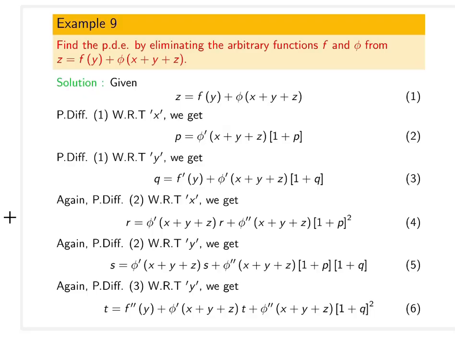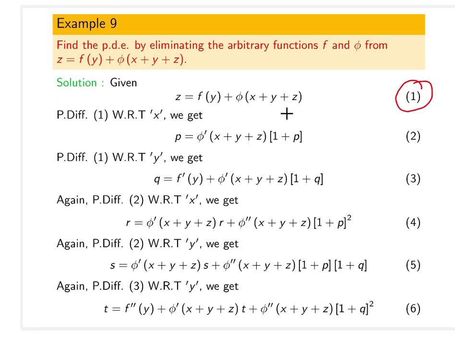With a single function we can find only p and q, or use the form f of u comma v equal to 0. If more than one function is given, we need to find the second derivatives, that is r, s, and t.